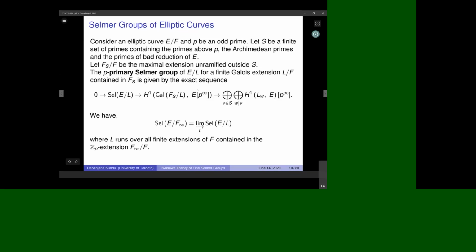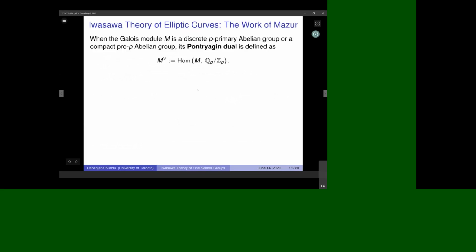So one object that we will care about is not the Selmer group over a number field itself, but instead the direct limit of these p-primary Selmer groups. So we'll be thinking of the Selmer groups over our pro-p p-adic Lie extensions, in particular Z_p extensions. Mazur in 1972 came up with this Iwasawa theory of elliptic curves.